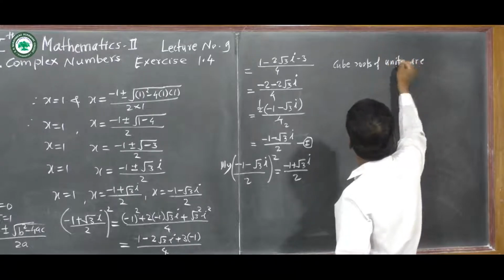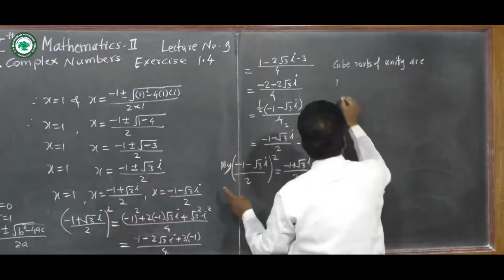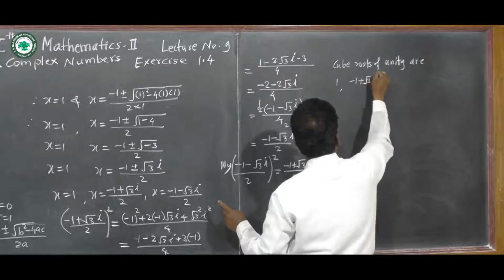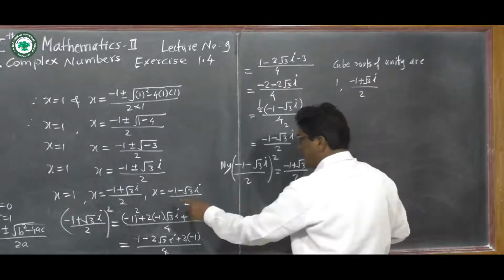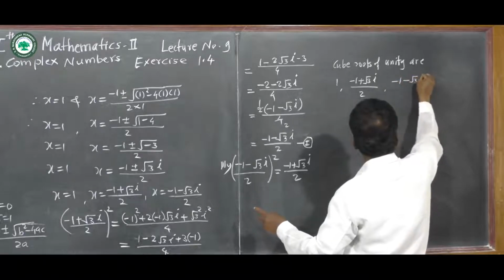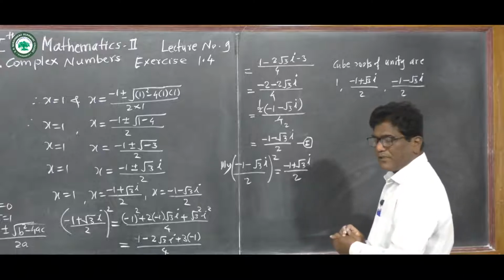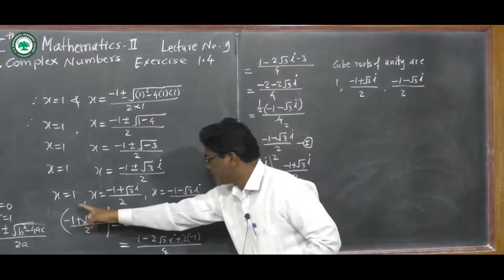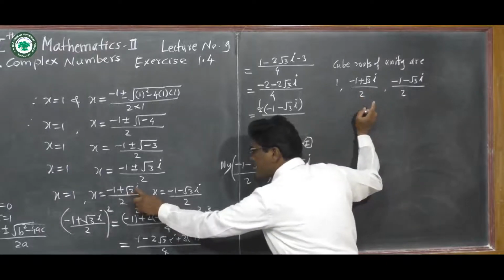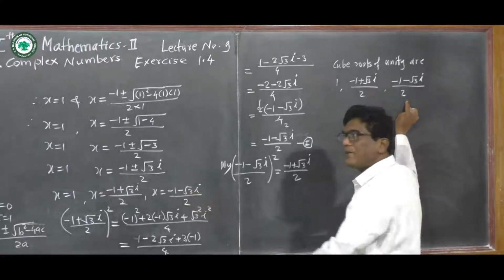Okay, now the cube roots of unity are 1, then minus 1 plus root 3 i divided by 2, and minus 1 minus root 3 i divided by 2. Get it? I repeat, the cube roots of unity are 1, then minus 1 plus root 3 i divided by 2, and minus 1 minus root 3 i divided by 2.